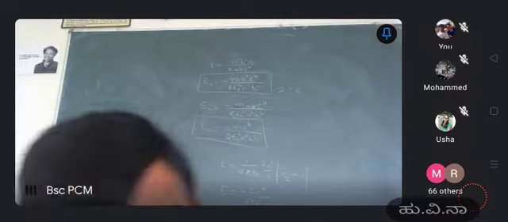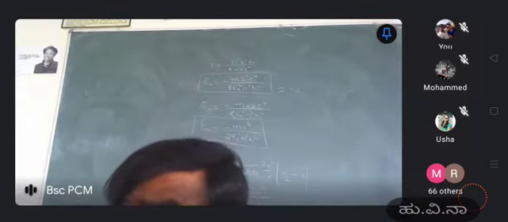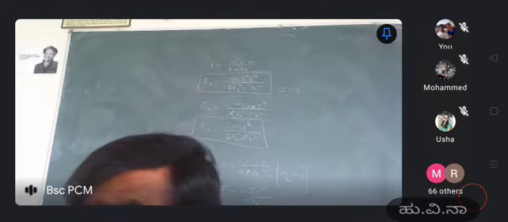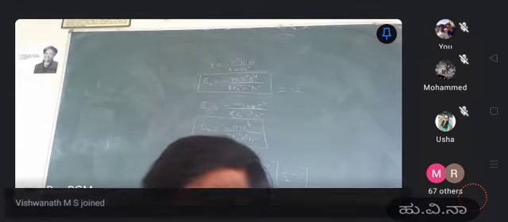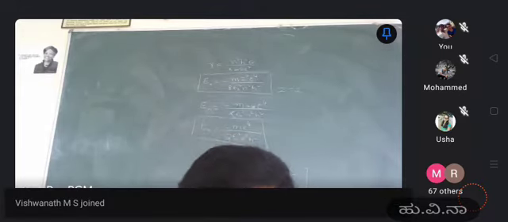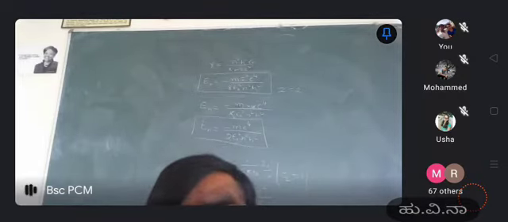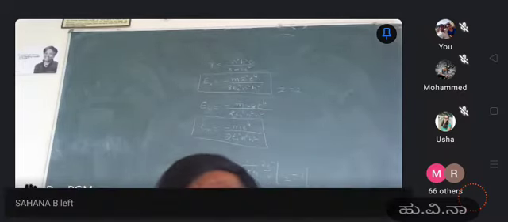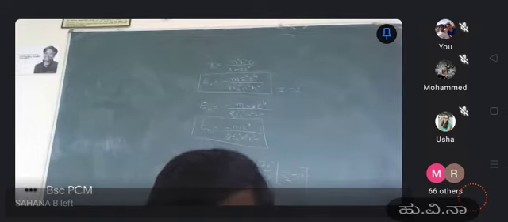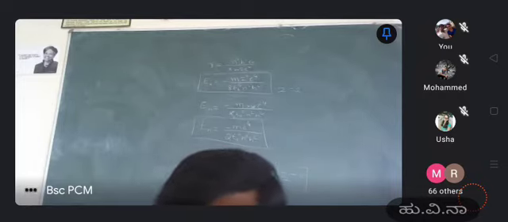So now we have to calculate the wave number of these spectral lines. The wave number of the spectral lines is given by, what is the definition for the wave number? Do you know the definition? The total number of spectral lines present in the spectrum is called the wave number, isn't it?